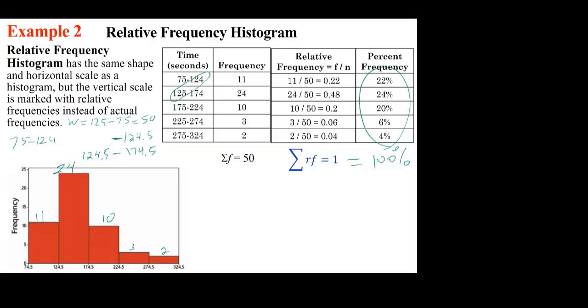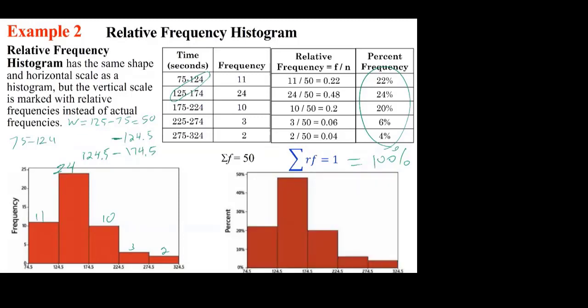If you have, for example, 99.9999%, or if you have 100.000, a bunch of zeros and then 1%, that is acceptable. And so you graph it accordingly, and they look very similar. If you do the relative frequency or percent frequency properly, they end up giving us the same answer.